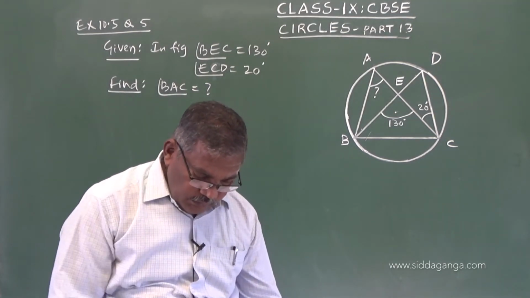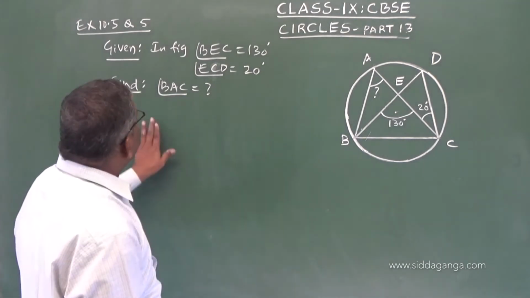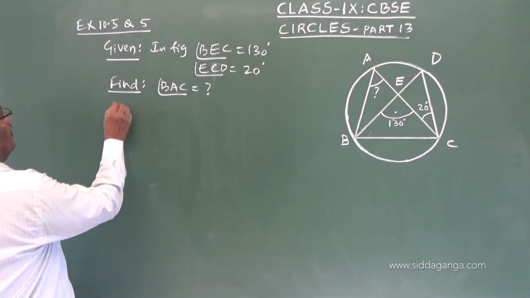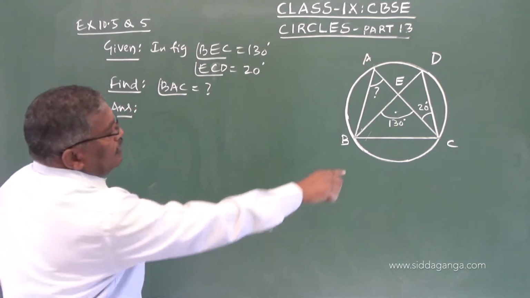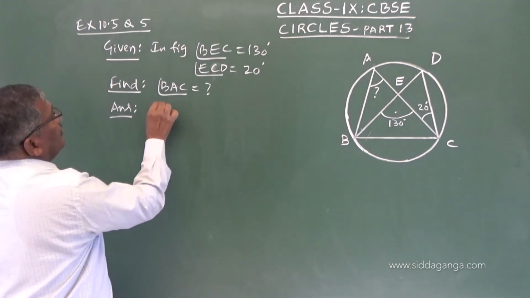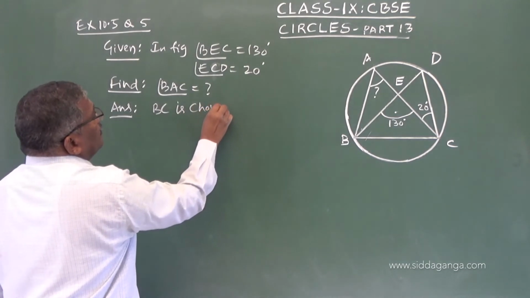Now observe here, solution or answer you can write. Answer. See, BC is the chord.